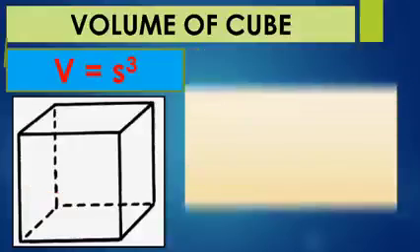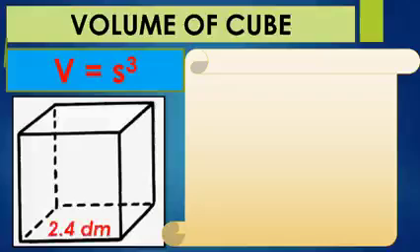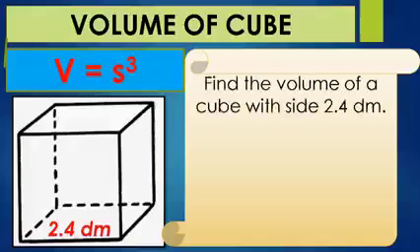Another example. So we have here a given measure of this side, which is 2.4 decimeters. So we find the volume of a cube with side 2.4 decimeters. First step, copy the formula, which is V is equal to S cubed. Then substitute the given side of the cube, that is 2.4 decimeters.